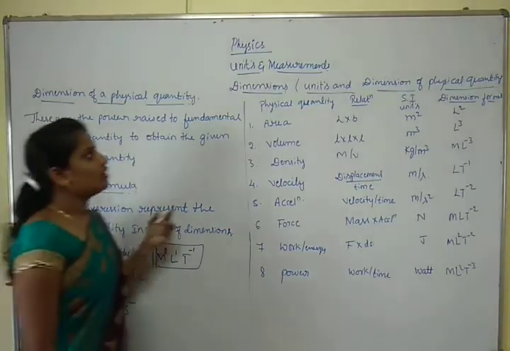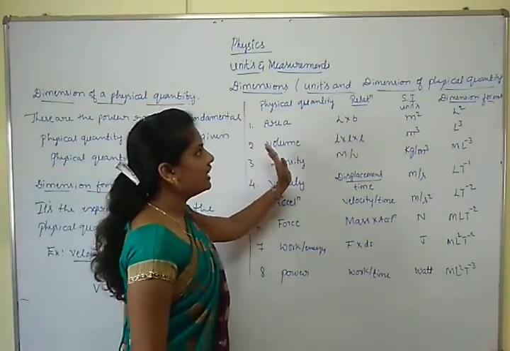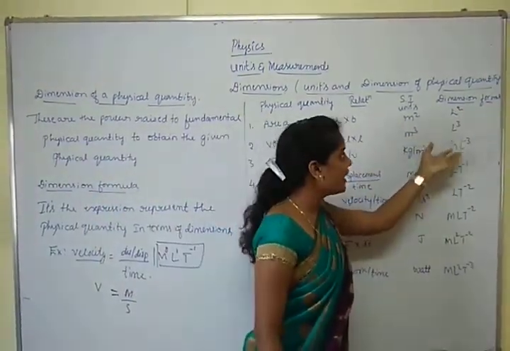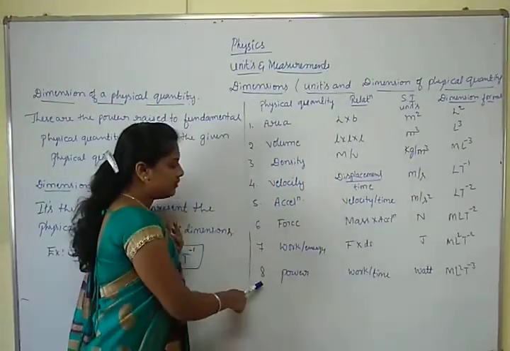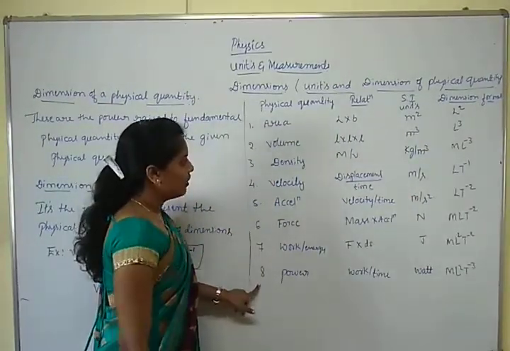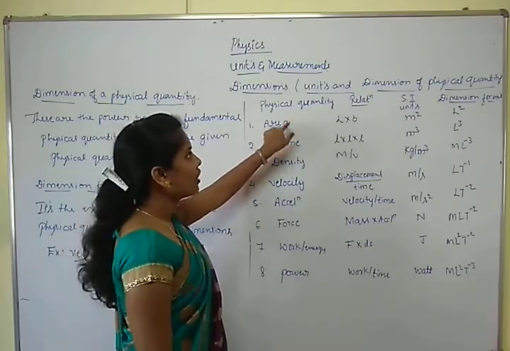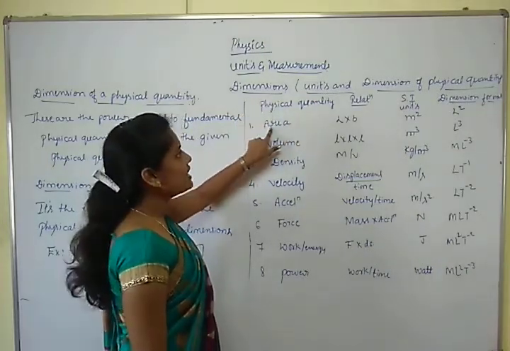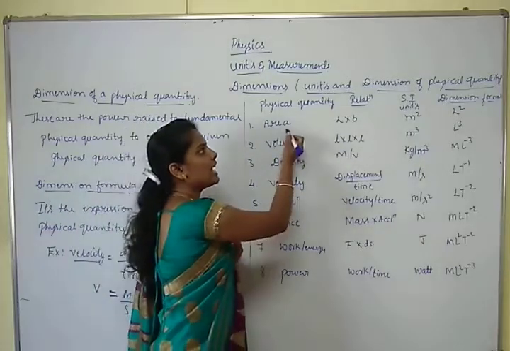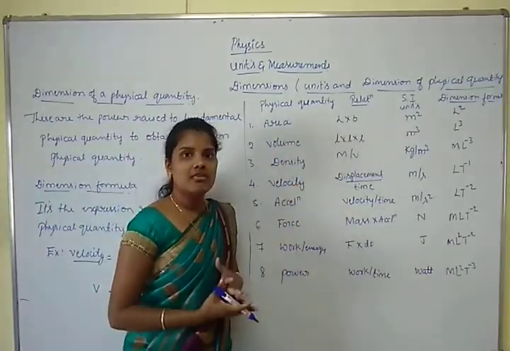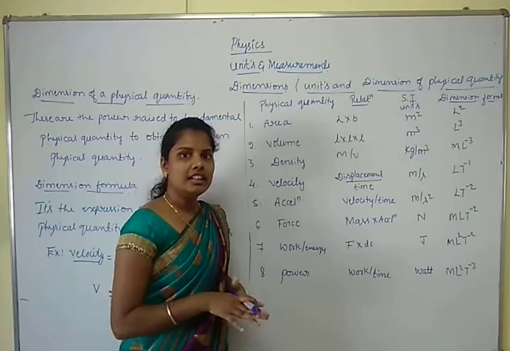We are going to discuss some physical quantities and their dimension formulas like this. Here there are 8 physical quantities. The first one is area. What is the area of a rectangle? It is length into breadth.